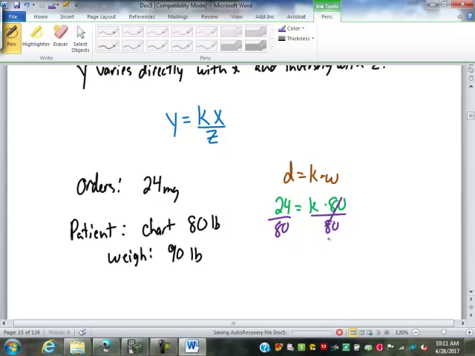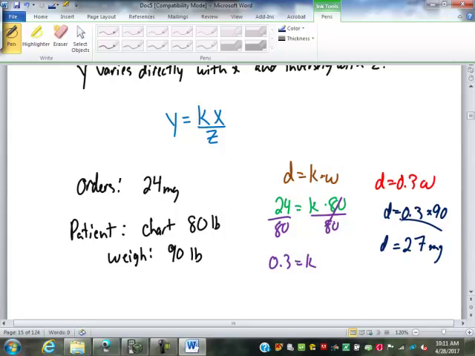You're going to get 3 over 10, 0.3 equals K. So the dosage is 0.3 times the weight. You can put in that new weight of 90 pounds. 0.3 times 90 is going to be 27 milligrams. So you can adjust their dosage for their new weight.